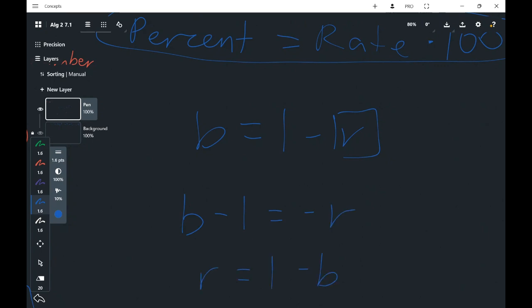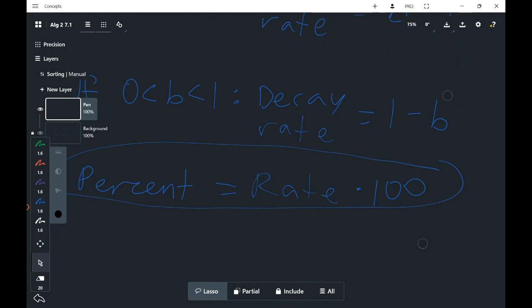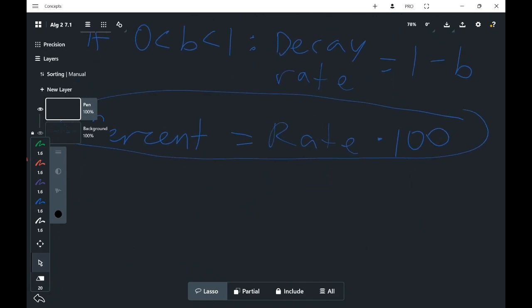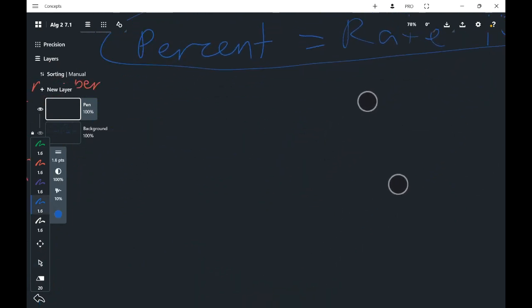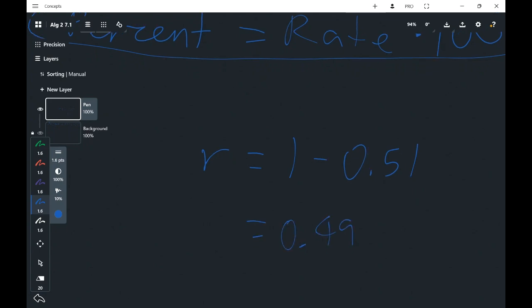So to find the rate, we're going to do 1 minus the b value. That's the equation I have up here: decay rate is 1 minus the b value. So let's do this real quick. For this one, r is 1 minus the b value of 0.51. That means our rate of decay is 0.49.